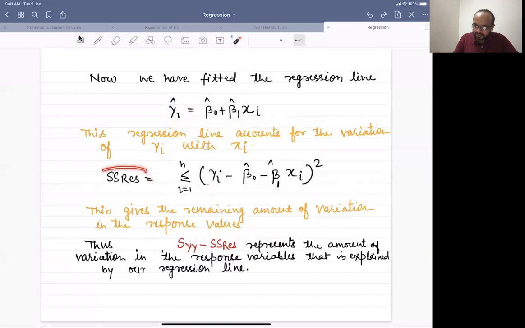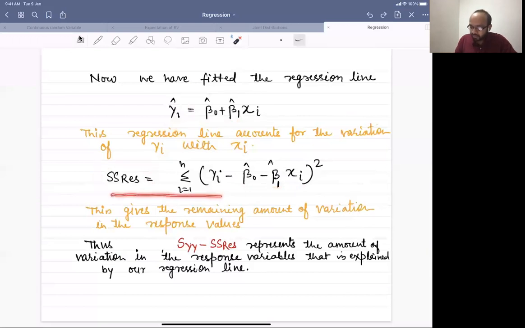So this quantity is telling us the remaining variability in the y, which has not been accounted for by our relationship. Our straight fitted line is accounting for some variability. The remaining one is this.